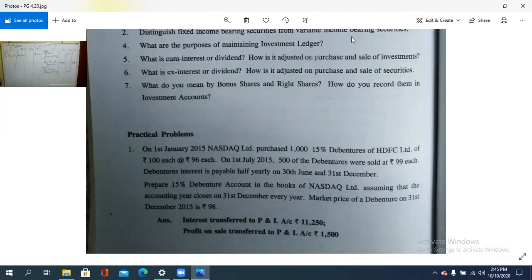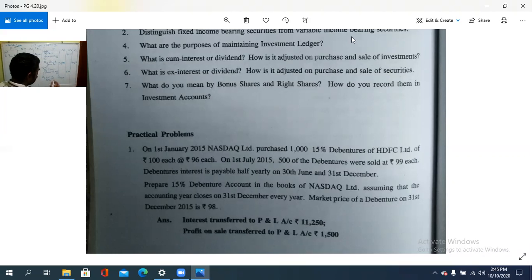Then after that, 3,750 is the interest we calculate, and then by balance carried down, that is the rest of what remains after the sale. Yes, 50,000, again 50,000 it is.